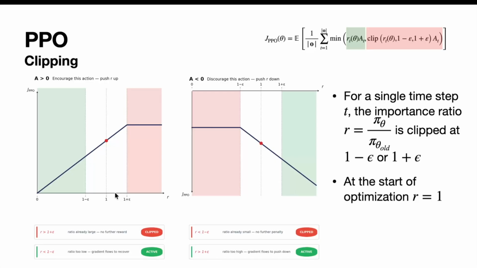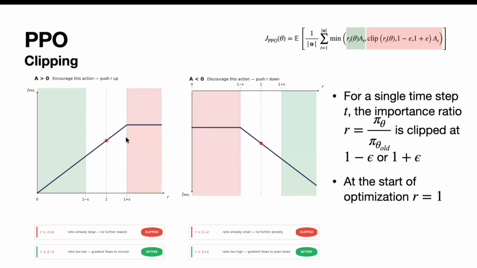But PPO does not want this increase to go too far. Once R is larger than 1 plus epsilon, the objective becomes clipped. So, increasing the probability even more gives no additional gradient signal.